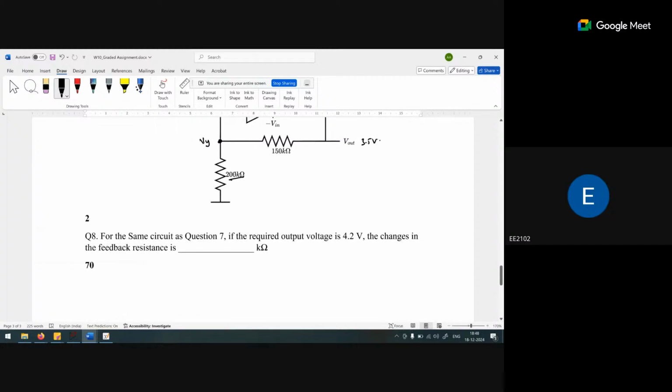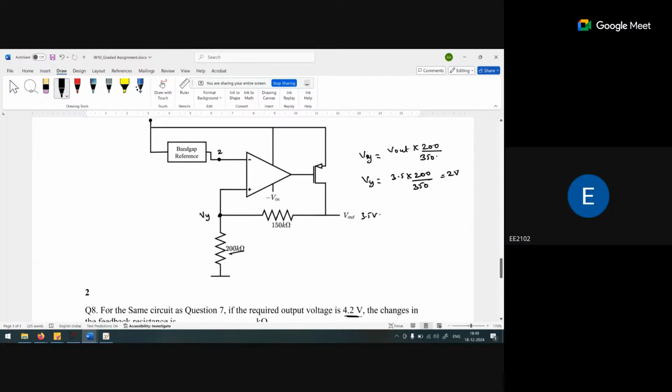Now for the same question, if the required voltage is 4.2 volt, what is the change in the feedback resistance? The 2 volt is fixed, but we have to change this voltage to 4.2 volt. We say this is the feedback resistance RF.